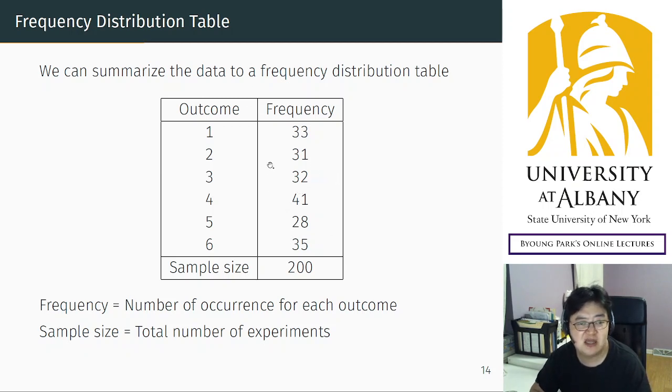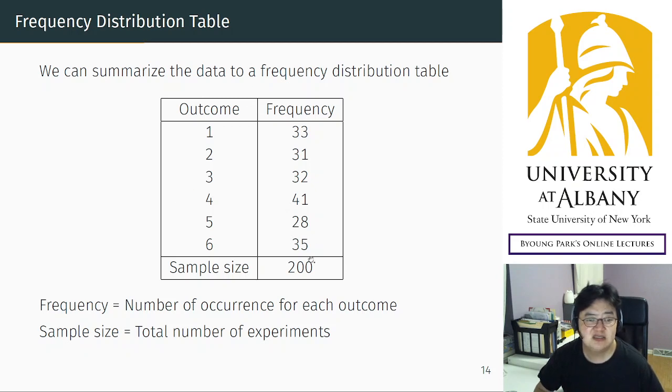And here I defined frequency. Frequency is the number of occurrences for each outcome. This outcome happened this many times. This outcome happened this many times. And sample size, again, is the number of repetitions: how many times you repeat the experiment.